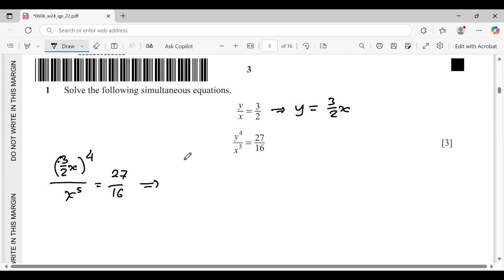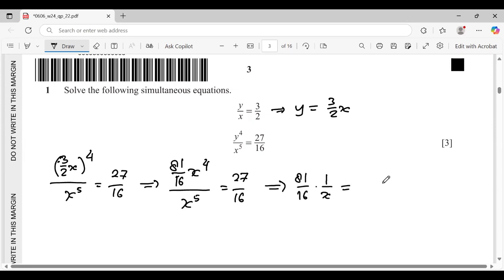So it becomes 81 over 16 x to the power 4 over x to the power 5 equals 27 over 16. Simplifying this fraction, it becomes 81 over 16 times 1 over x equals 27 over 16.